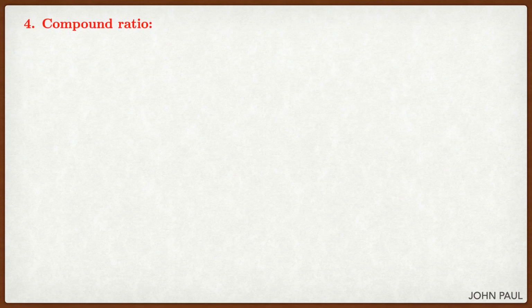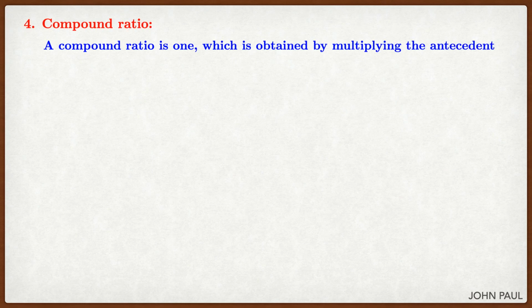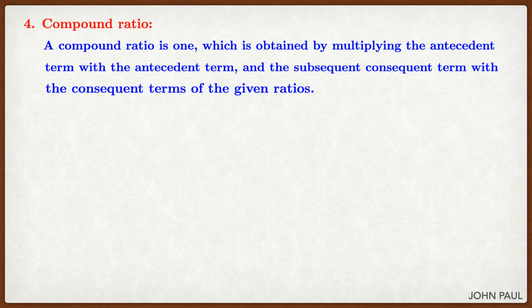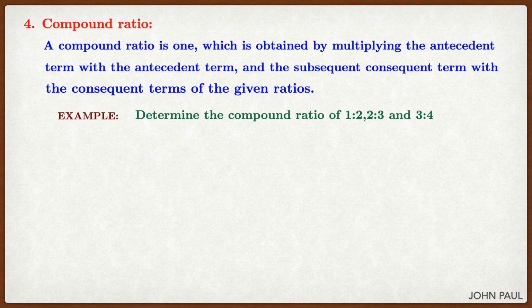Fourth one, compound ratio. A compound ratio is one which is obtained by multiplying the antecedent term with the antecedent term and the subsequent consequent term with the consequent term of the given ratios. Example, determine the compound ratio of 1:2, 2:3 and 3:4.